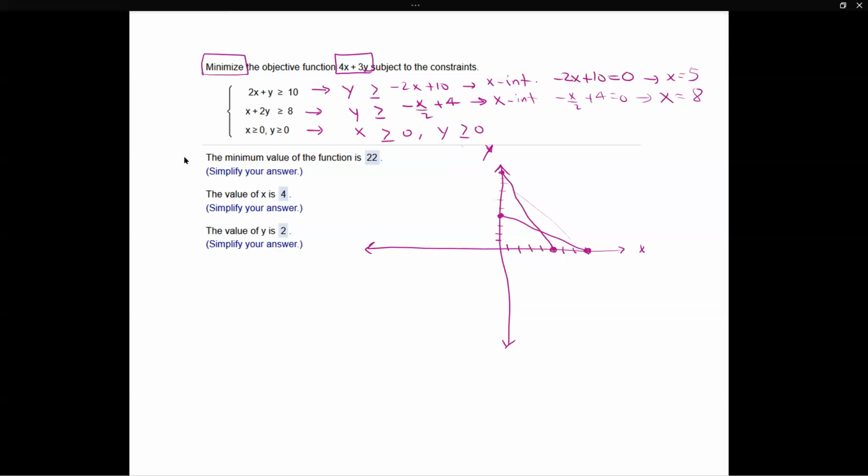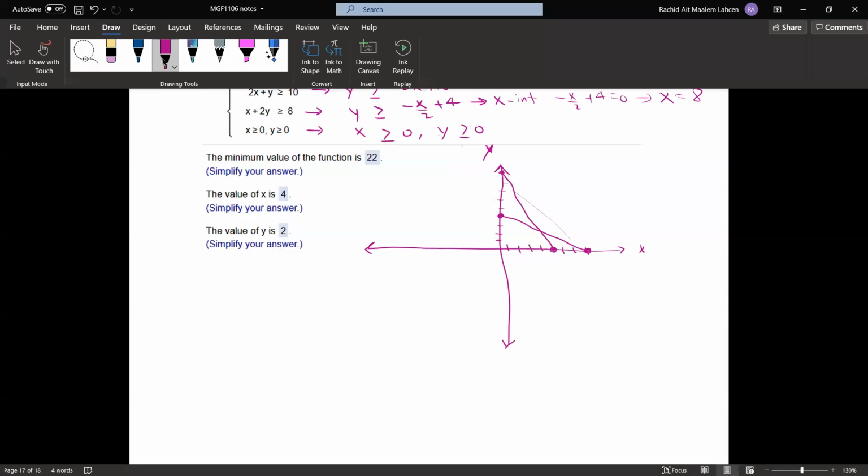For x is greater than 0, of course, x is greater than 0 is this right side, so you cross out the left. Y is greater than or equal 0. So it's the top part, so you cross out the bottom part, which means we're interested in this lower part. And that makes what we're interested in.